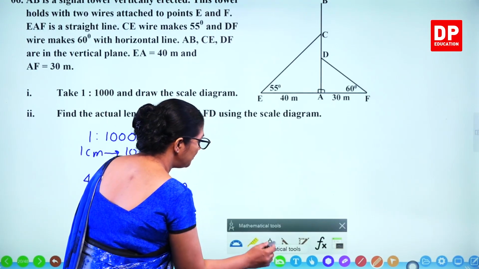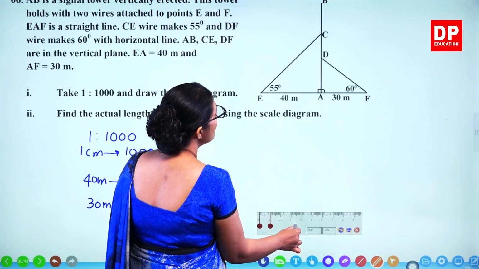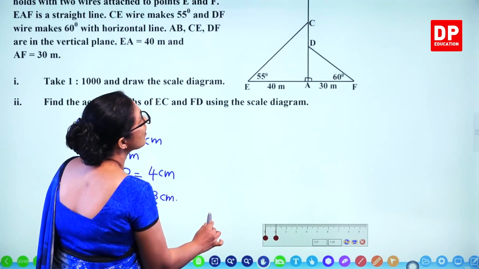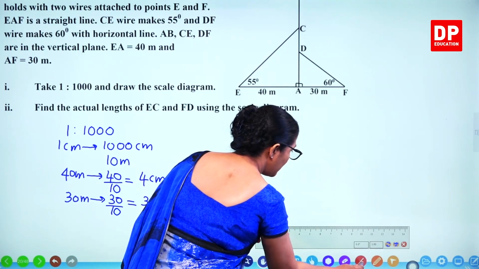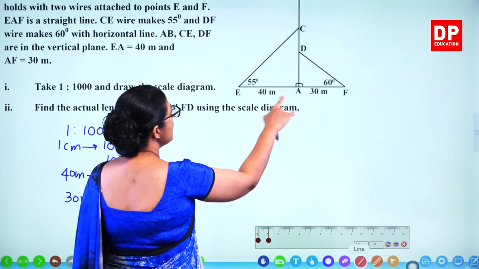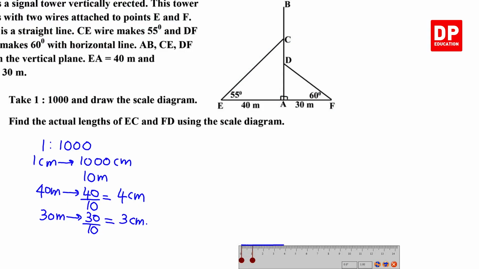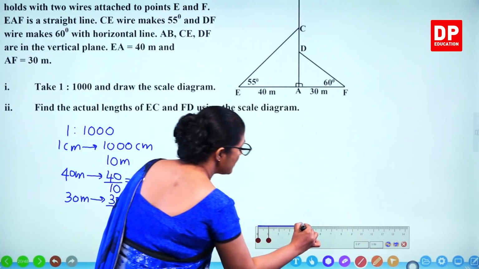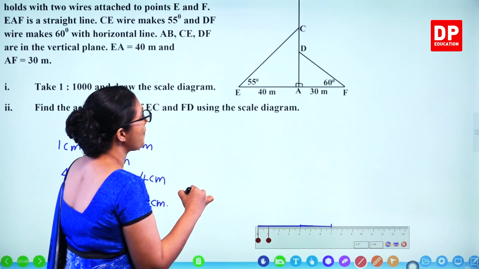So we'll take the ruler and draw this line first, the EF line. Here, this is 4 centimeters. So I'll start from here, 4 centimeters, and that's A. Then 3 centimeters, 1, 2, 3, so that's this point.